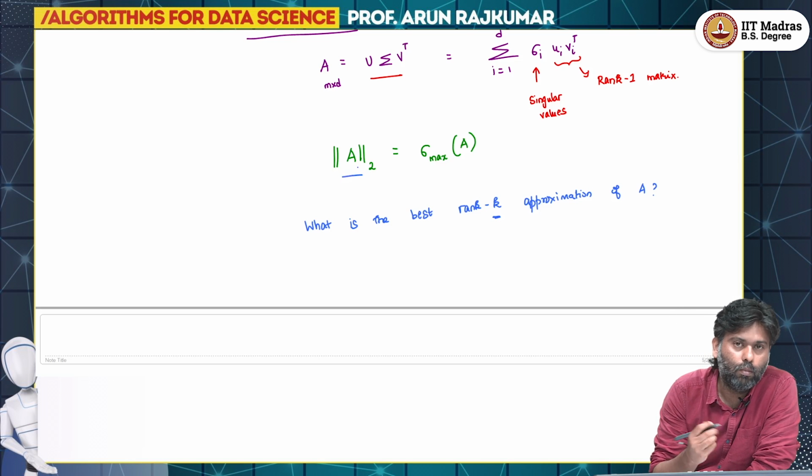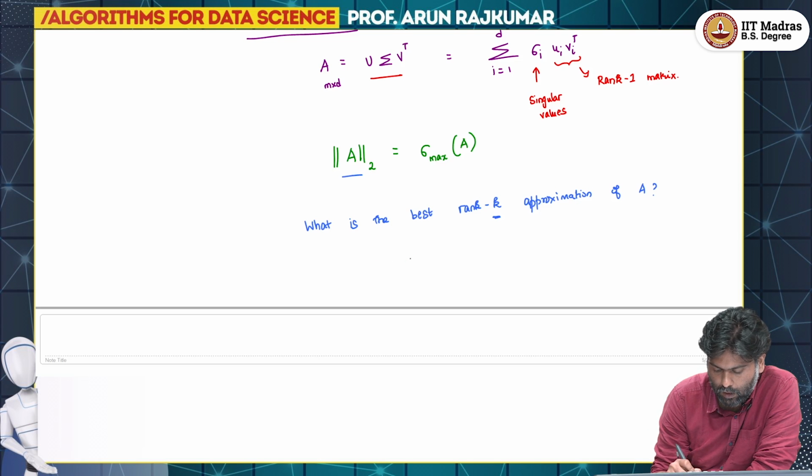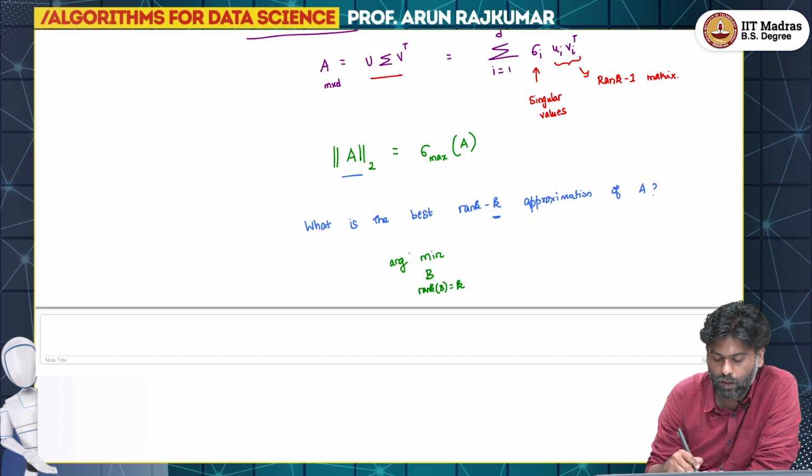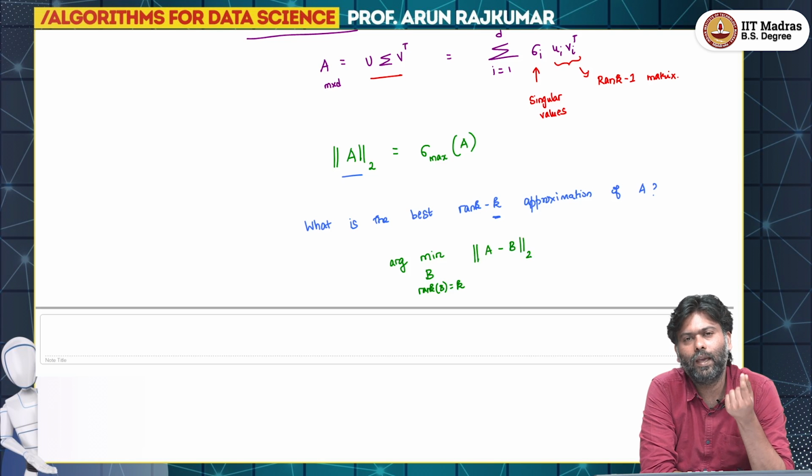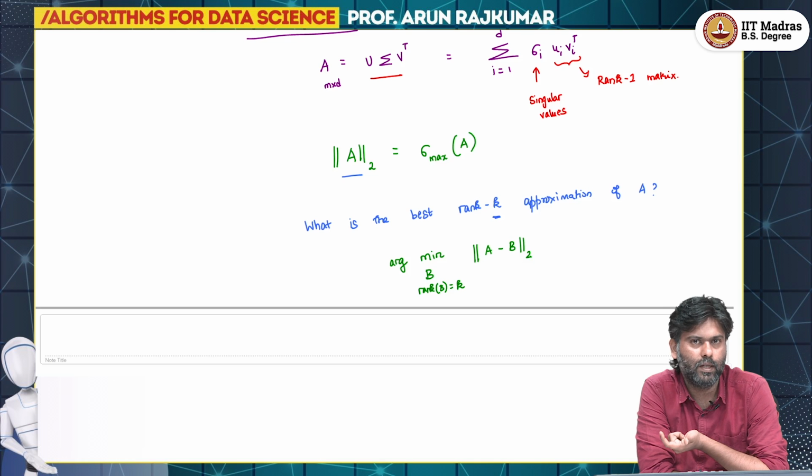Now, how do we measure approximation? That's where this norm plays a role. So we are asking, among all matrices B such that the rank of B equals K, give me the B that minimizes the following quantity: the distance between A and B in the L2 norm sense.